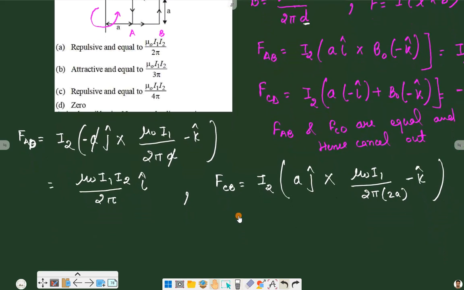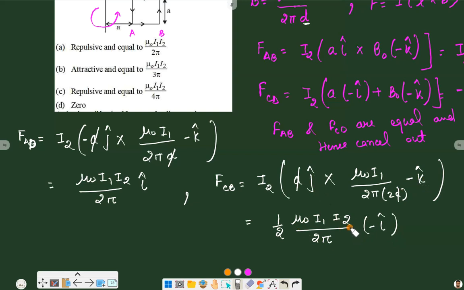Solving these, this A gets cancelled, and we will get half mu node I1 I2 by 2 pi with minus I sign, because J cross K is I and with negative sign.